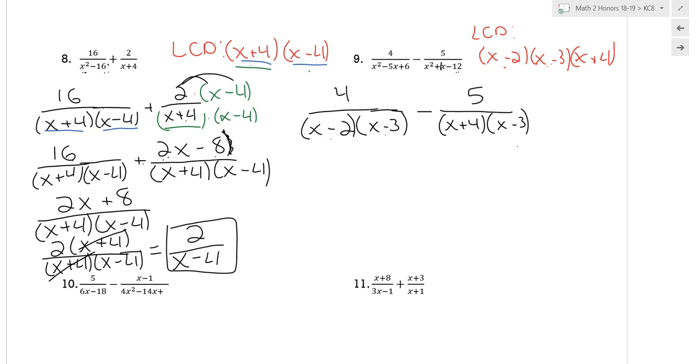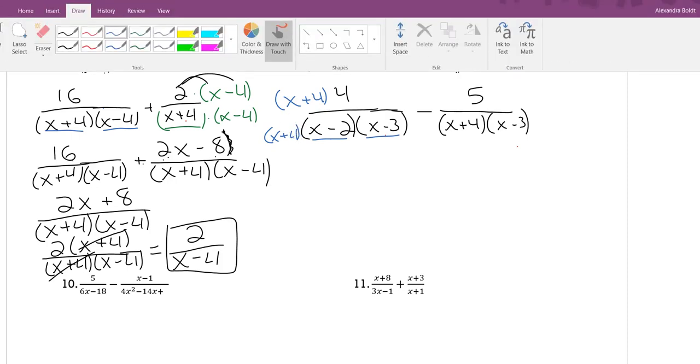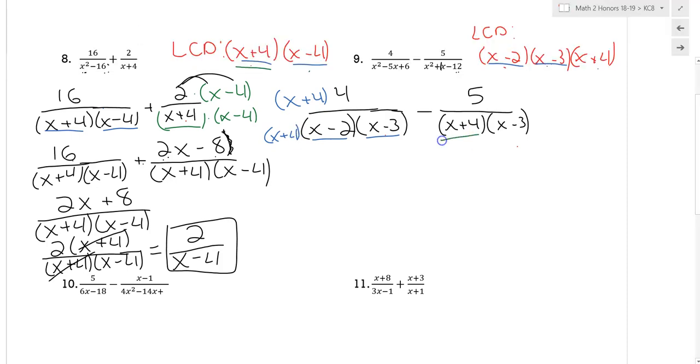Okay. So what are we missing? So this one has an x minus 2 and an x minus 3, but it's missing the x plus 4. In our other one, we have an x plus 4 and an x minus 3, but we're missing the x minus 2.